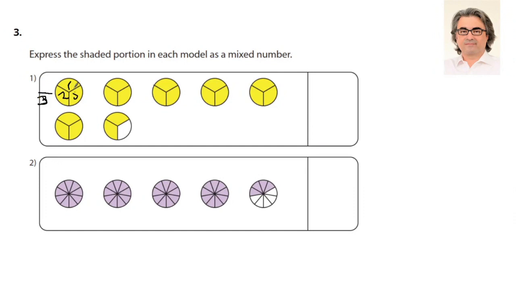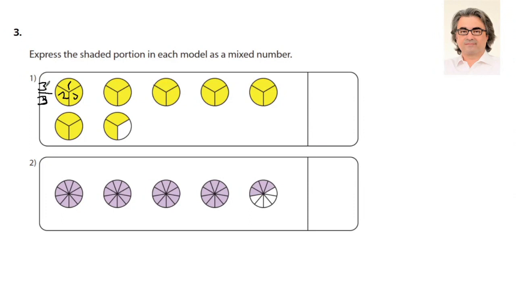What about the number of shaded parts? How many? 1, 2, 3. 3 shaded. So all shaded. It means 3 is also numerator. So 3 over 3 is 1.